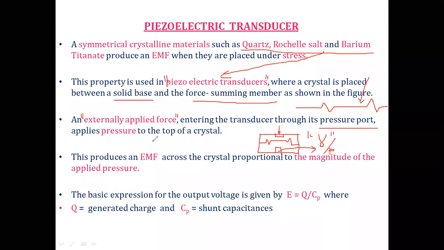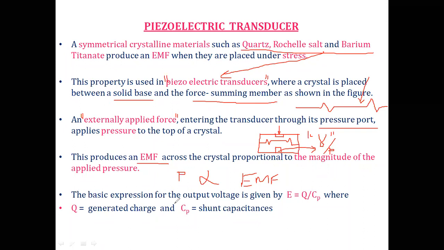Here, pressure applied to the top of the crystal produces the EMF across the crystal, proportional to the magnitude of the applied pressure. Whatever pressure I apply here, proportionately that much EMF is acquired.